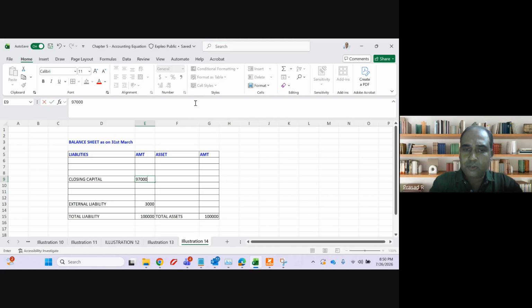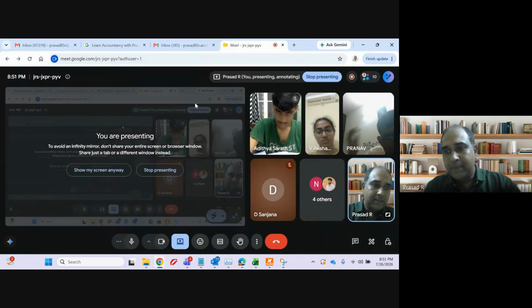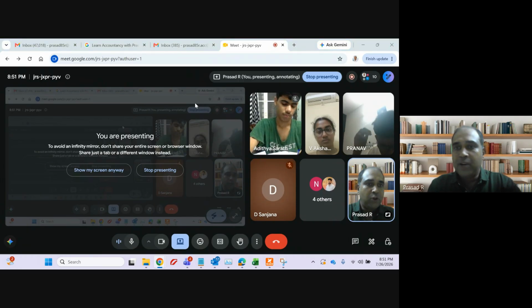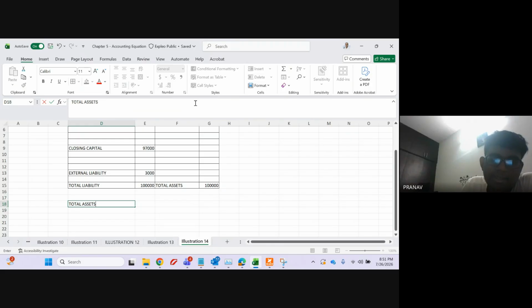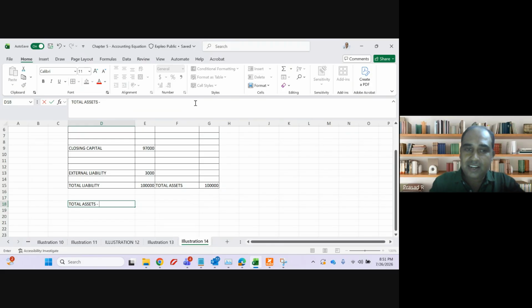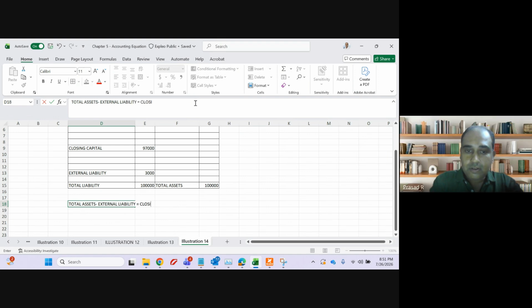97,000. How did we calculate? You calculated by applying a formula. What formula did we apply, guys? Total assets minus external liability is equal to closing capital. You are creating formulas.